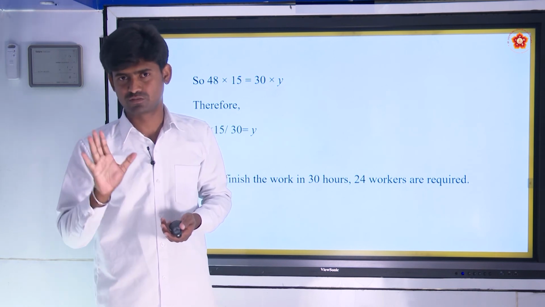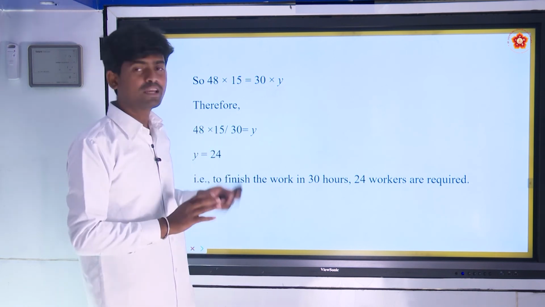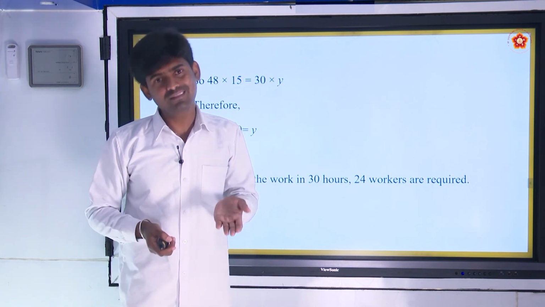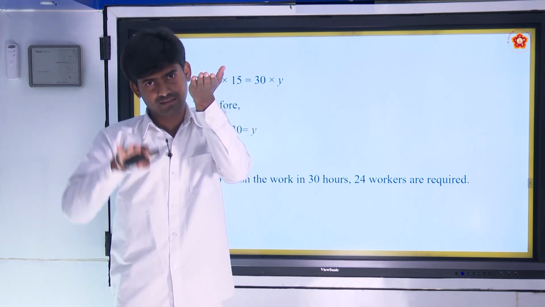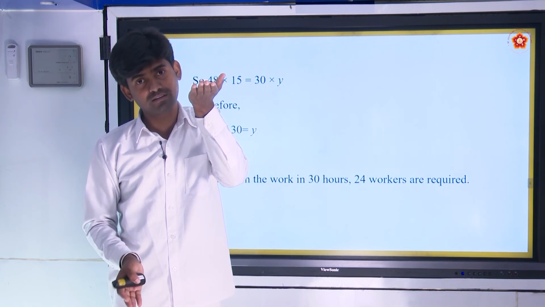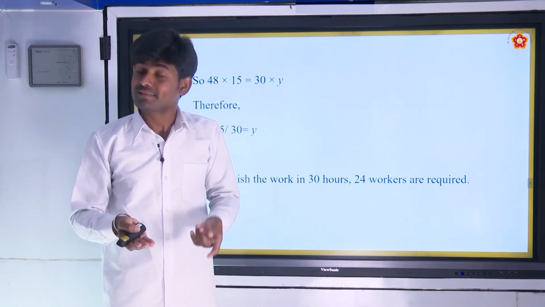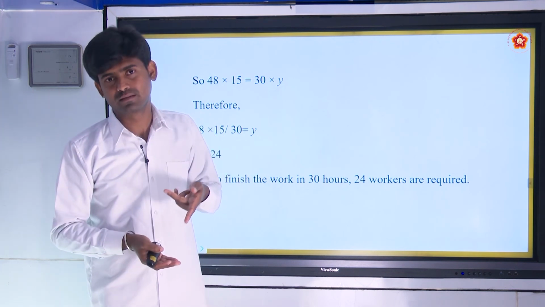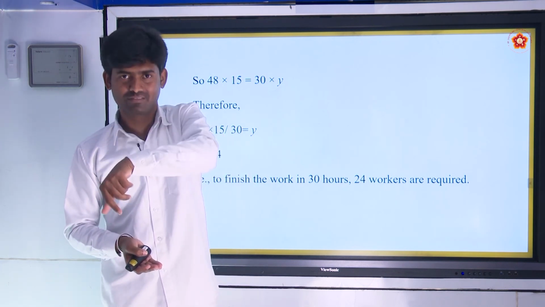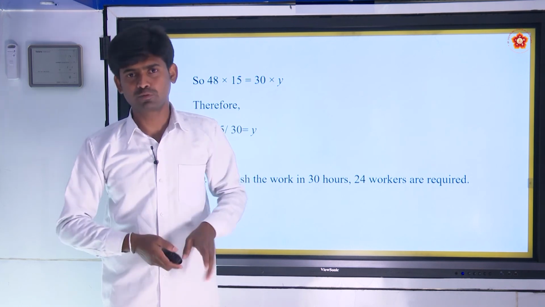That is a direct proportion. What do you mean by inverse proportion? If we increase one value, the other value decreases, but the product of x and y is equal to one constant. That is the inverse proportion.